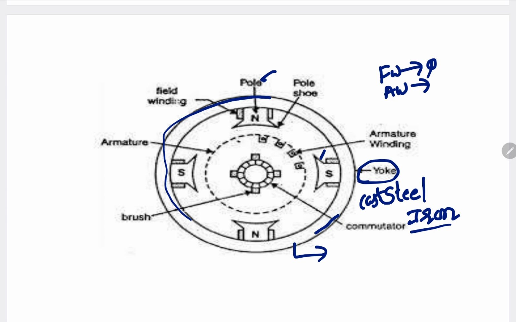Next is how the flux is developed in the DC generator. For that we have the pole core, the pole shoe, and the field winding. The pole is like this.